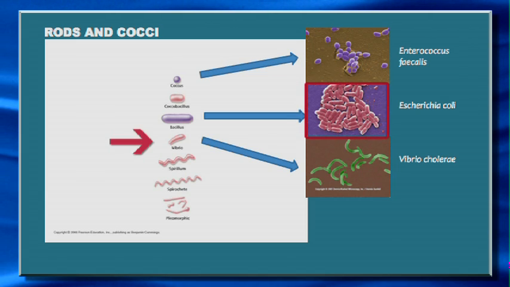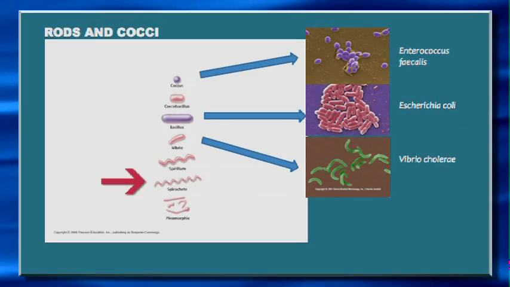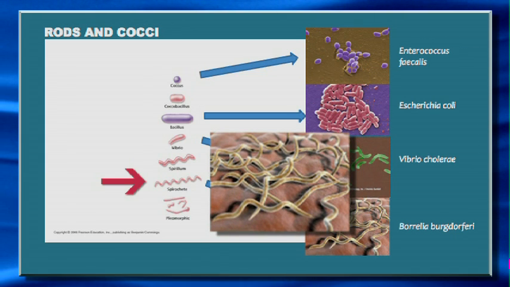So if you take a rod like this and you curve it slightly, then you have something which is called a Vibrio. Okay, a different type of bacterium. Some of these things are very complex. So we see spirochetes. This is a spirochete, and this is what it looks like under electron micrograph. And you can see it's like a little corkscrew.